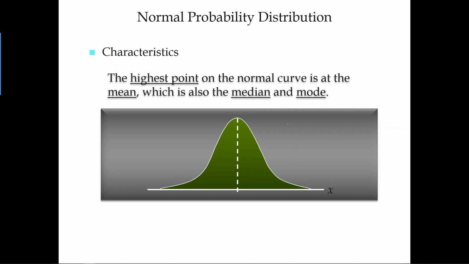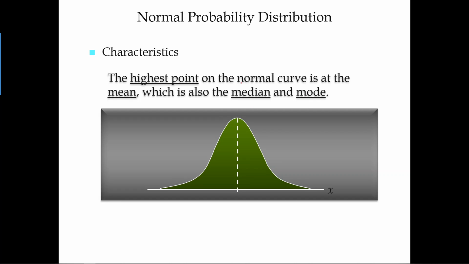So what is mu and where is it represented on your probability density function curve? The highest point on the normal curve is at the mean, which is also the median and the mode. It's a little confusing when we look at the chart.